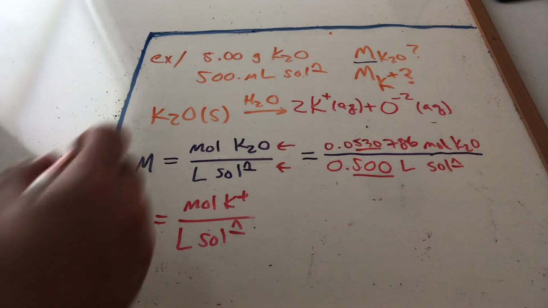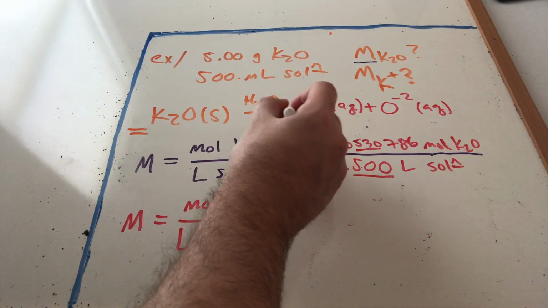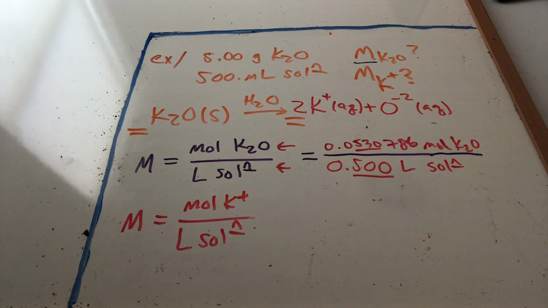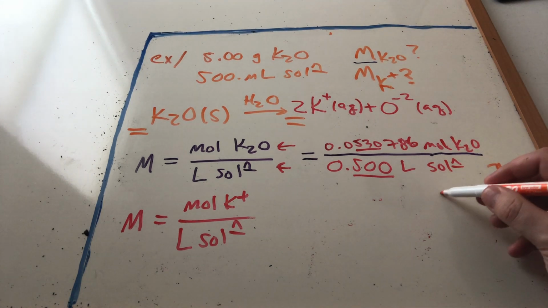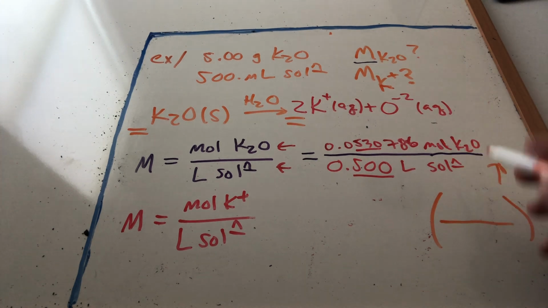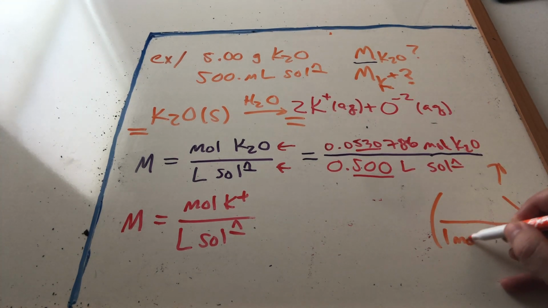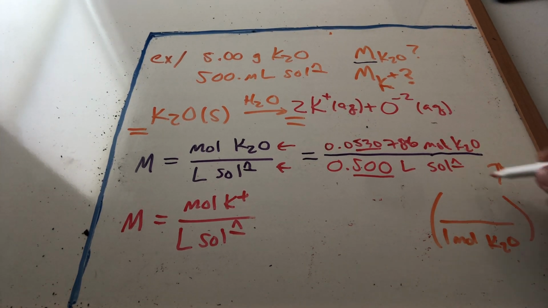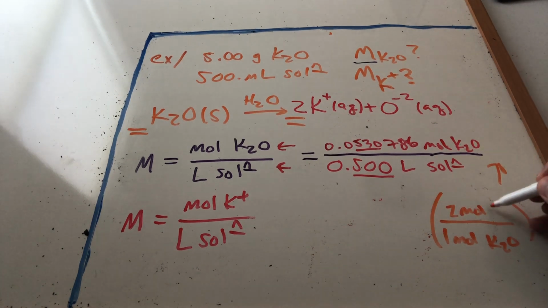And if I look here, hopefully you can see, for every 1 mole of K2O, there are 2 K pluses that get produced. So right here, I don't have room, but what you could write down to finish this problem is you could say, okay, moles of K2O, for every 1 mole of K2O, there's 2 moles of K plus.